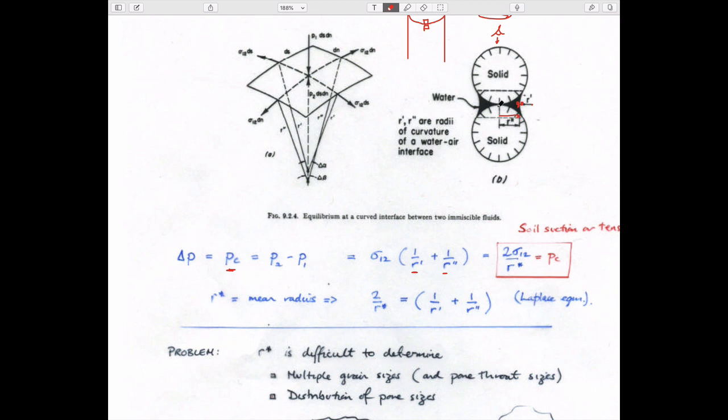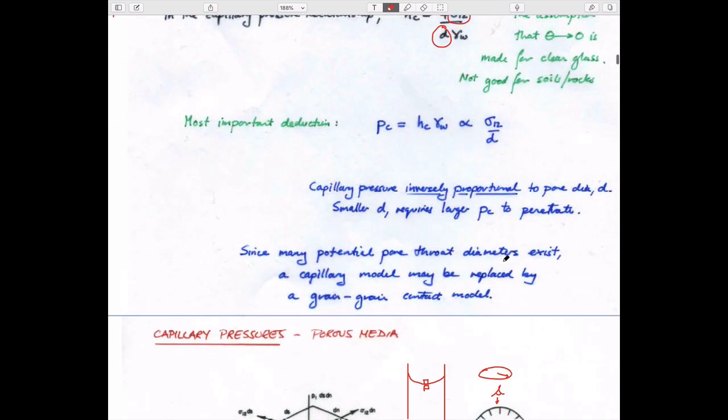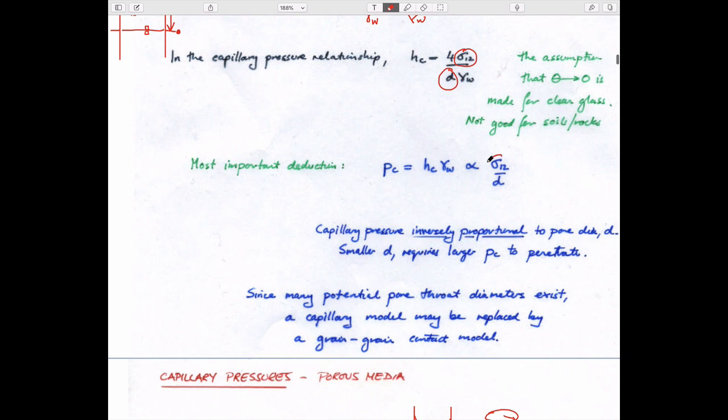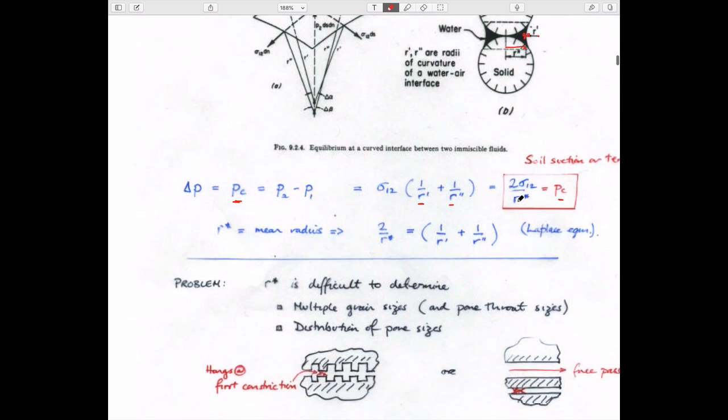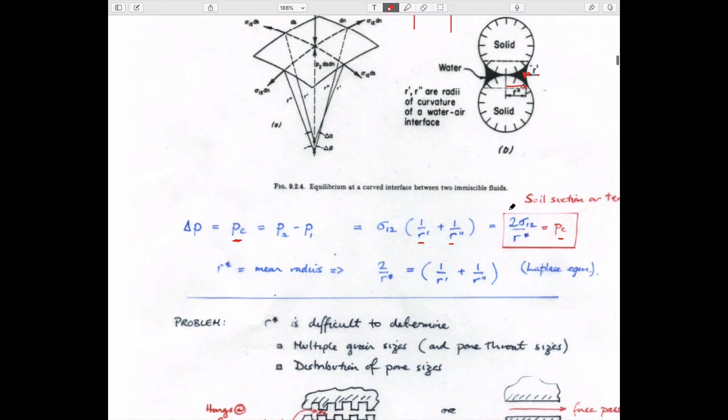That you have two radii, and to some degree it gives you a capillary pressure, which again, just like before, is proportional to interfacial tension and inversely proportional not to the diameter of the pore, but to the curvature of the meniscus. And so this is radius in this particular case, but it ends up being the same behavior. And so those are useful in understanding the behaviors that we might get in real rocks.